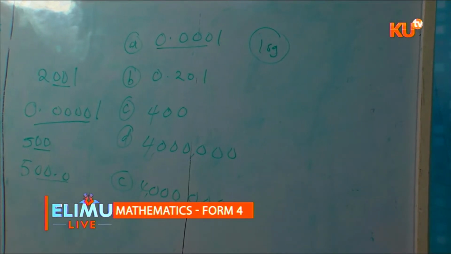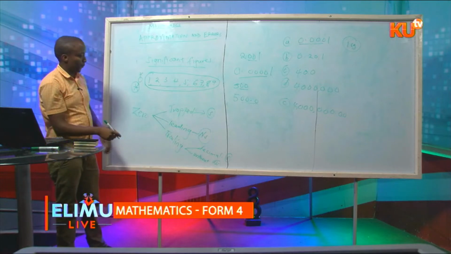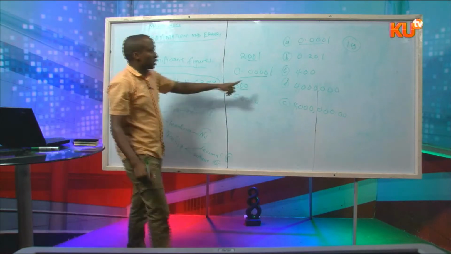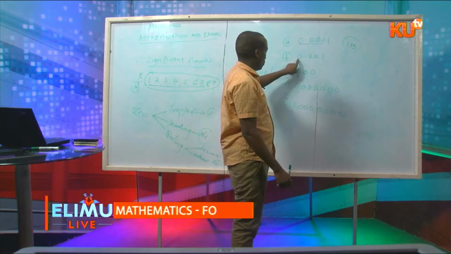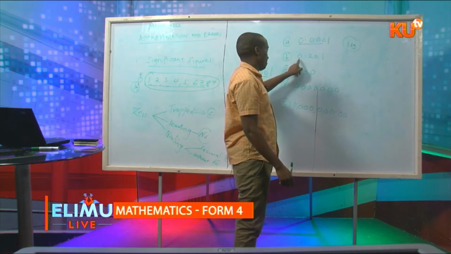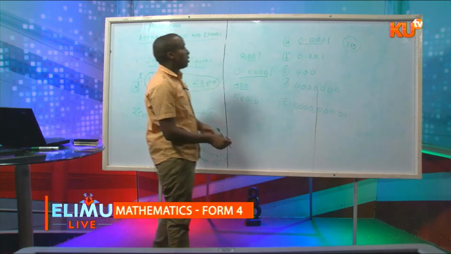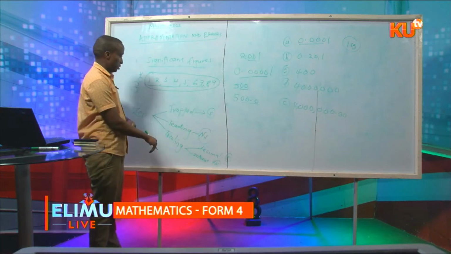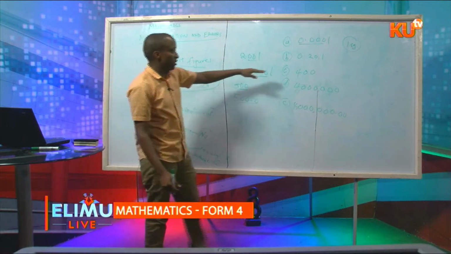Come to our second example, that is 0.201. We have this 0, a leading zero before any other number. But I've said that for a number with a decimal point, the leading zero will never be significant.